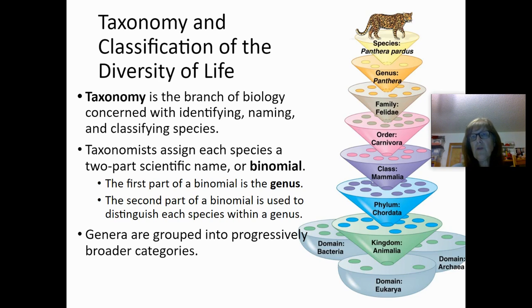And remember, these 2 names, the genus species name: the genus name is capitalized, the species name is not capitalized, but both the genus and the species name are italicized.